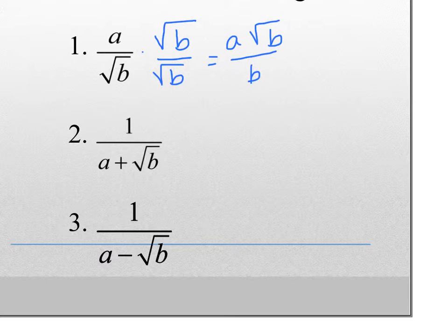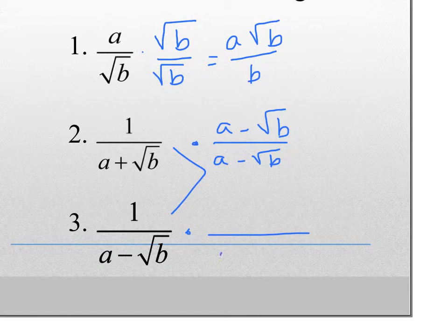So you're going to multiply the top and the bottom by conjugates. And why the top and the bottom? Because we don't want to change its value. When you multiply top and bottom by the conjugate, you're essentially multiplying by 1. And the conjugate is simply a change of sign in between here. Just like that.